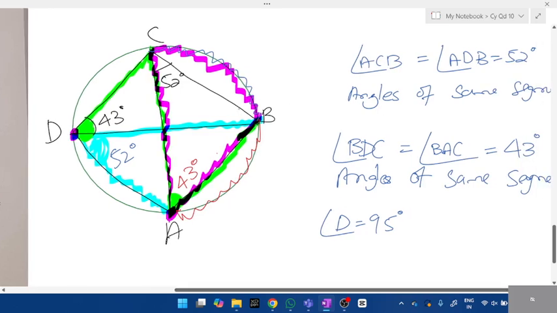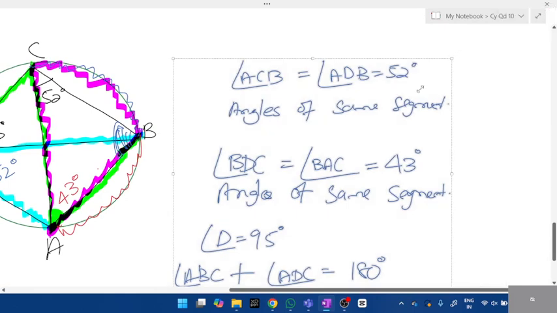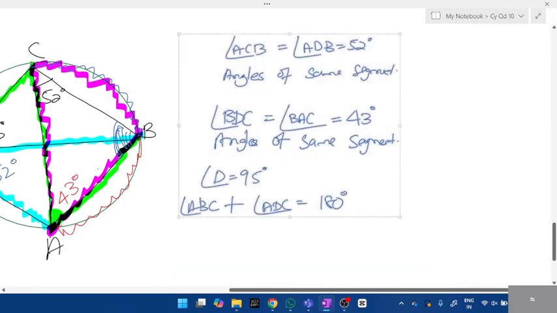ABC is the total angle. So what is angle ABC, students? Angle ABC plus angle ADC is equal to 180 degrees. What's the reason, will you all write? Sum of opposite angles in a cyclic quadrilateral is 180.